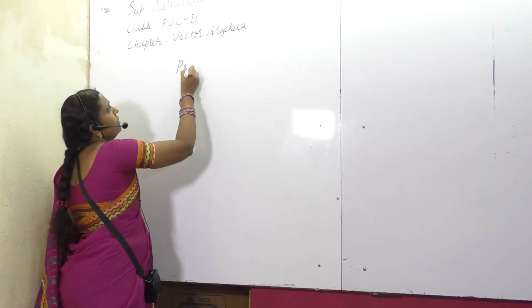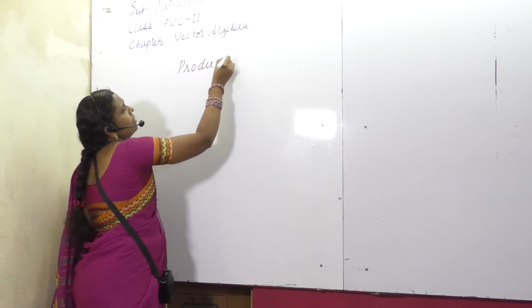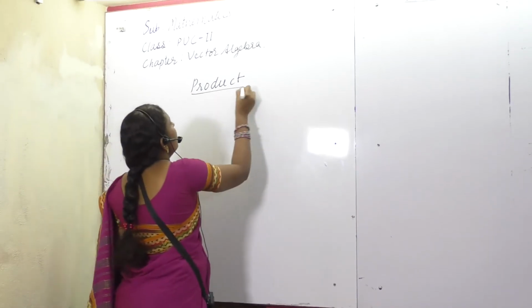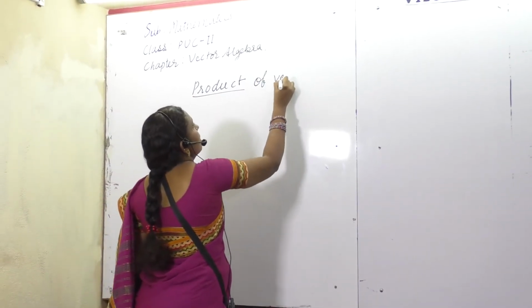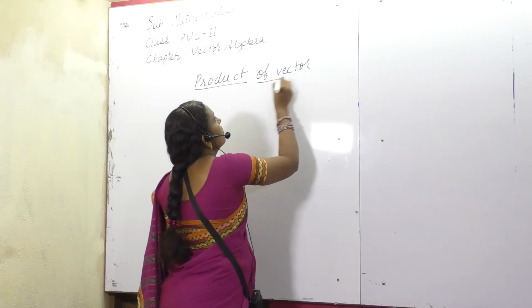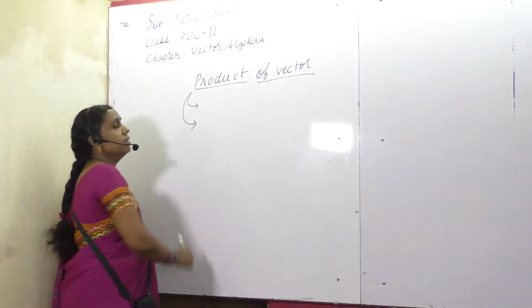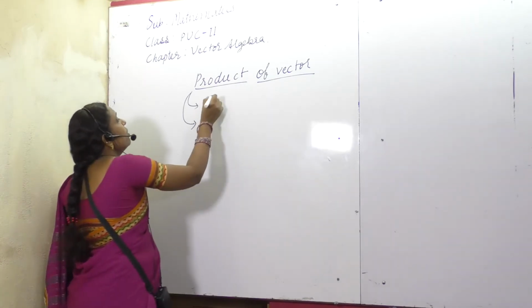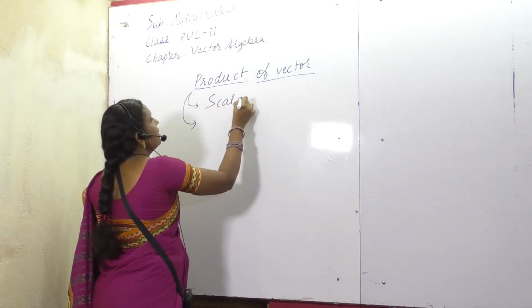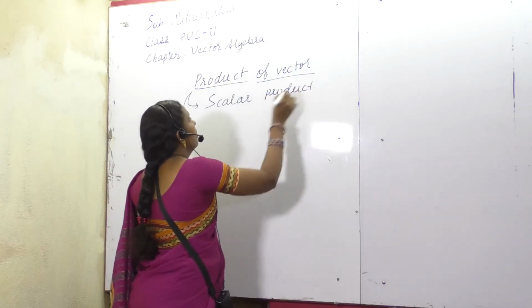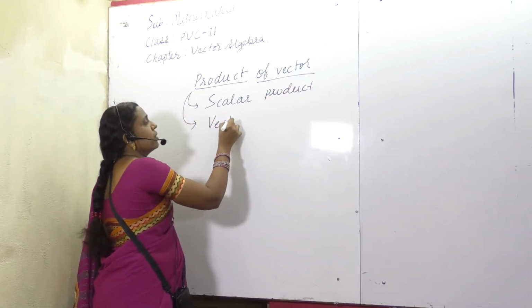Now we will start understanding operations on vectors, product of vectors. There are two types of products of vectors. One is the scalar product. One more is the vector product.